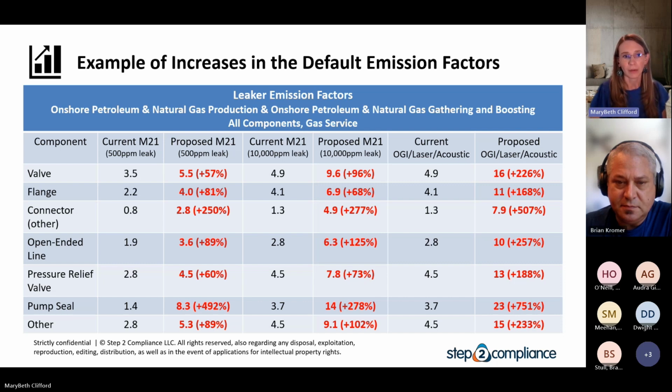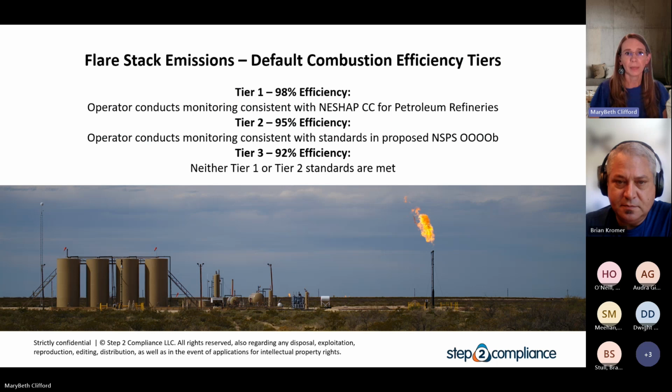As I mentioned earlier, for flare stack emissions, they've provided some different tiers for the default combustion efficiency, based on how you're doing your monitoring for those flares, as to which efficiency you get to claim.